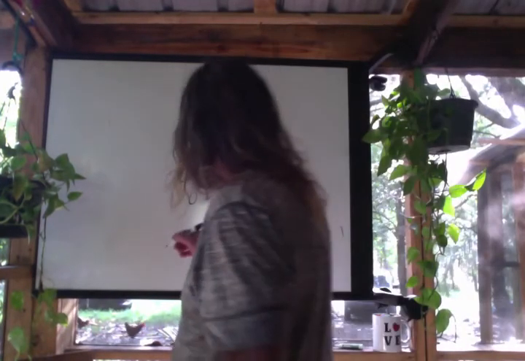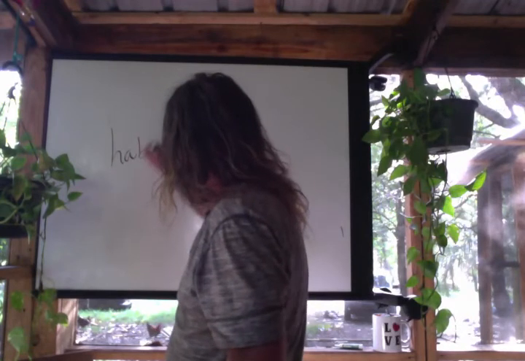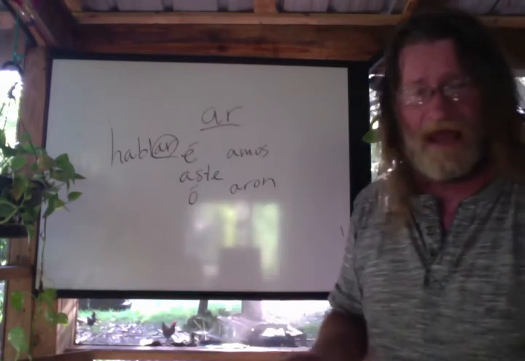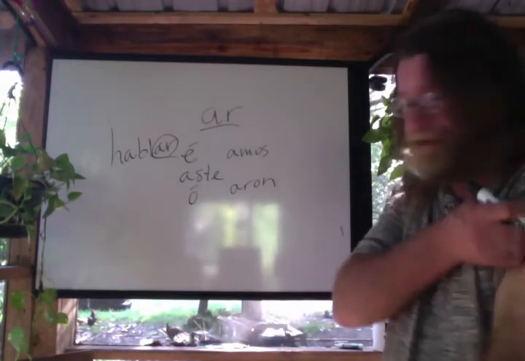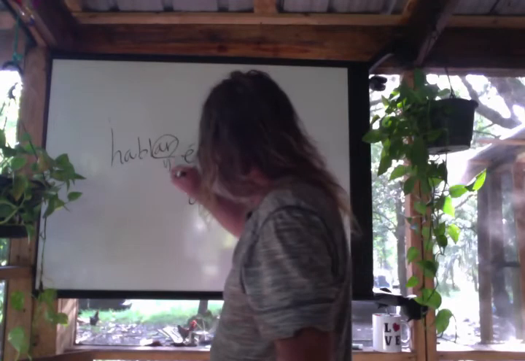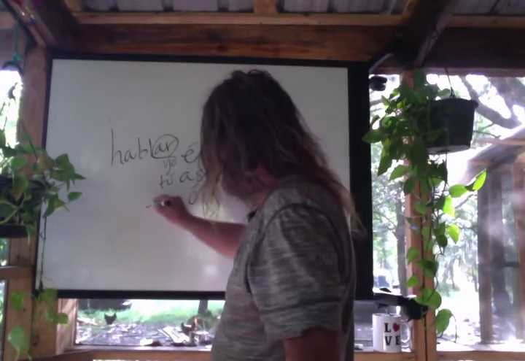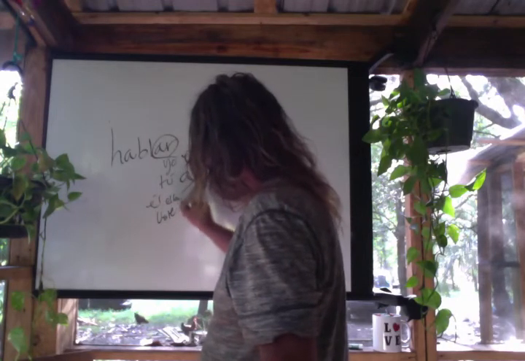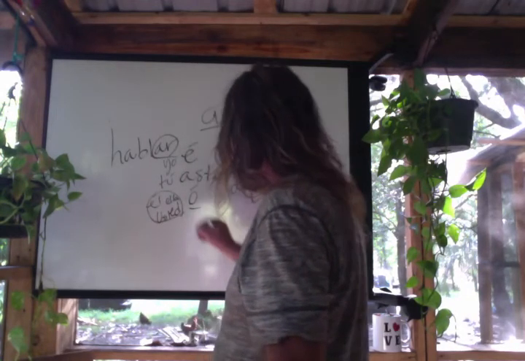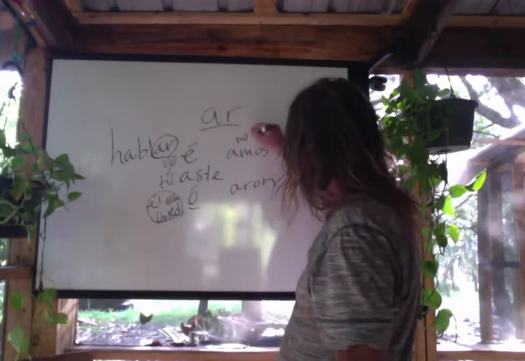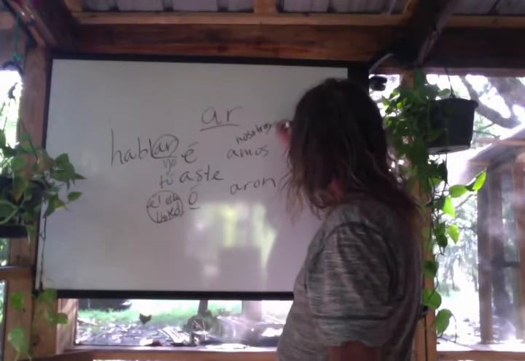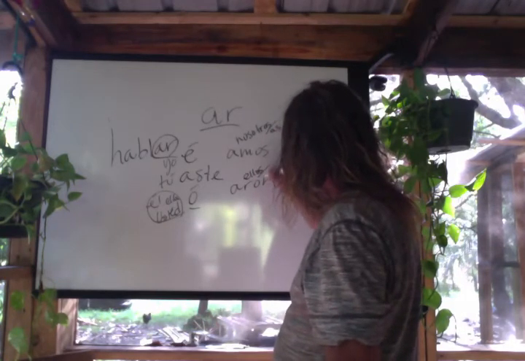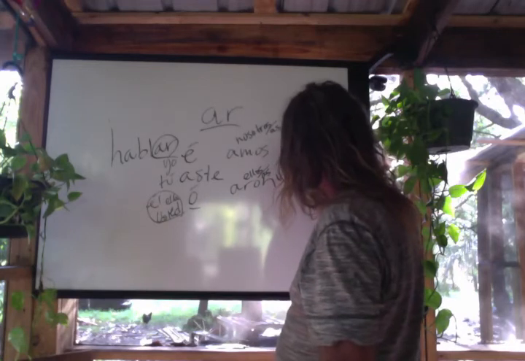For example, if you had the verb hablar, you would take off that AR at the end, and then you would add these endings for the yo form, the tú form, the él, the ella, the usted form. They all share that. The we form, nosotros, nosotras, the they form, the ellos, the ellas, and the ustedes.